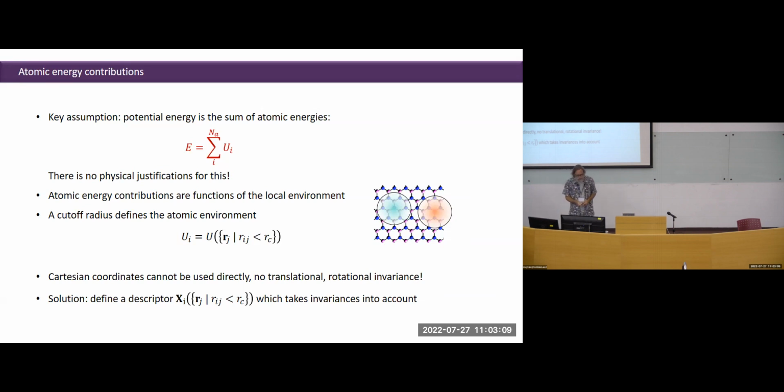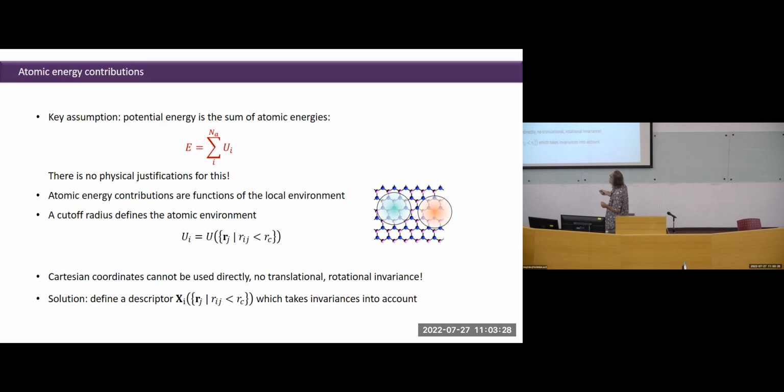Now, we cannot simply express the local environment in terms of the Cartesian coordinates of the surrounding atoms. Well, we could do that, but it would not be very efficient. We would like something that is rotationally invariant.